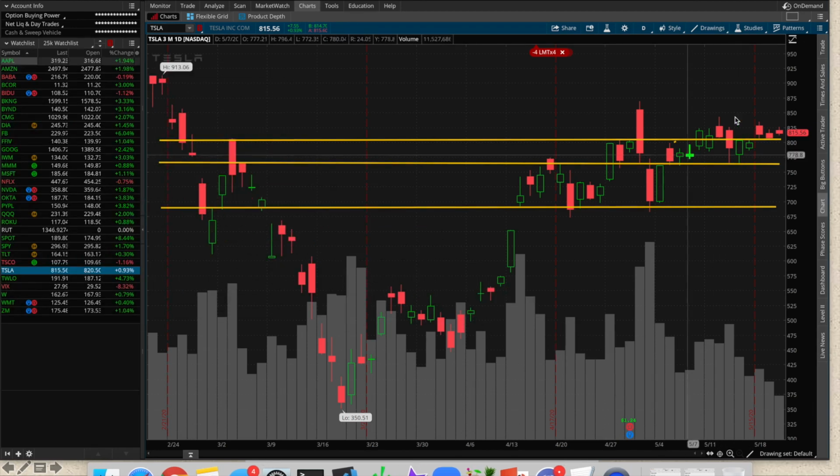And the reason why I did that was my original conviction here. Remember, I put on this original trade here, the 770, 775 Tesla bull call spread. After that, it dropped like a rock, but my conviction still holds. So now we get a second opportunity here, and that is when I alerted about the second trade.